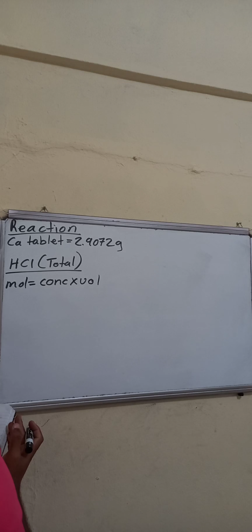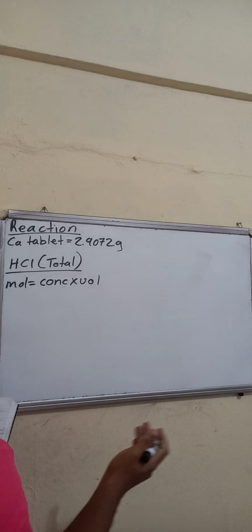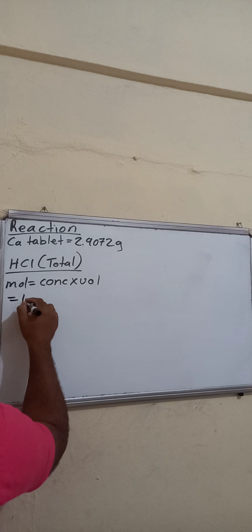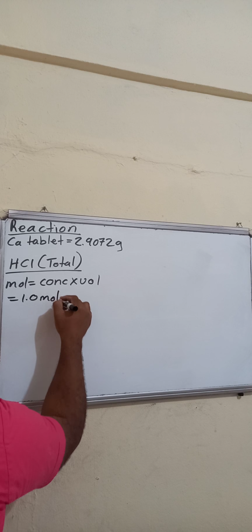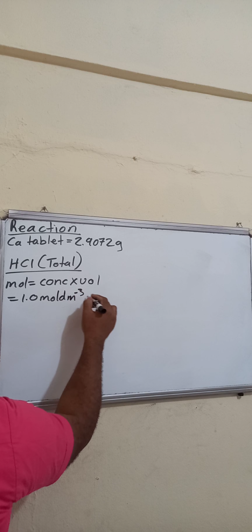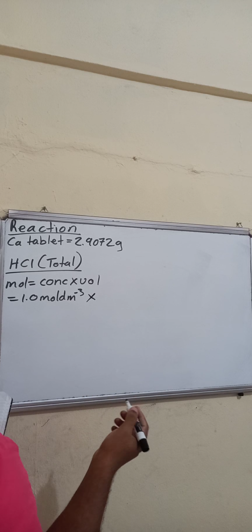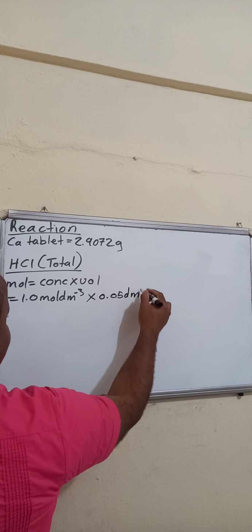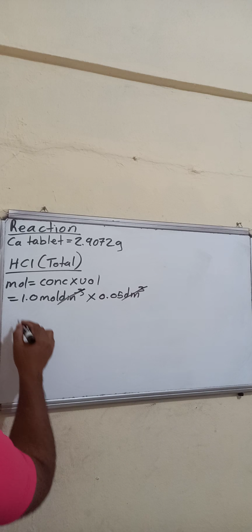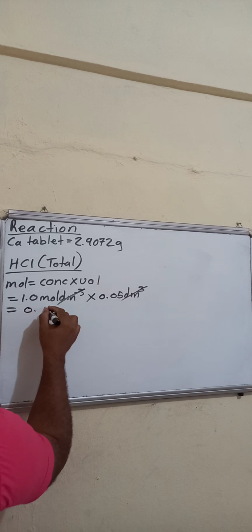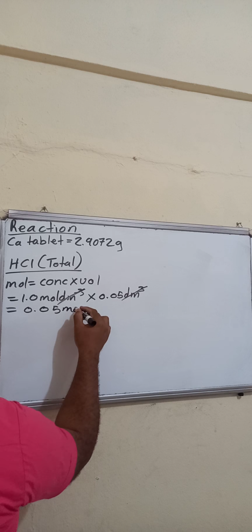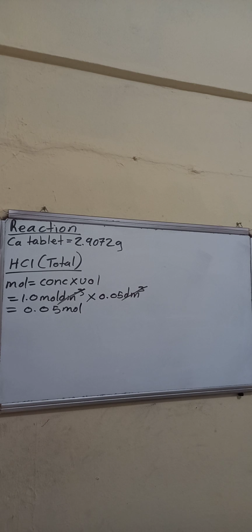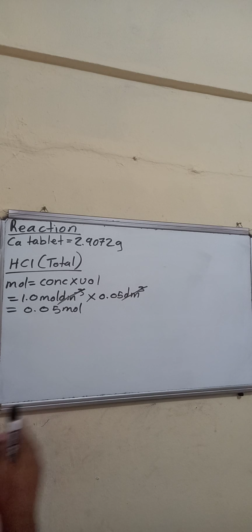The concentration given was 1 mole per dm³, and the volume was 50 ml, which is 0.05 dm³. So dm³ cancels dm³ and we are left with moles. So in the reaction, we use a total of 0.05 moles of HCl.